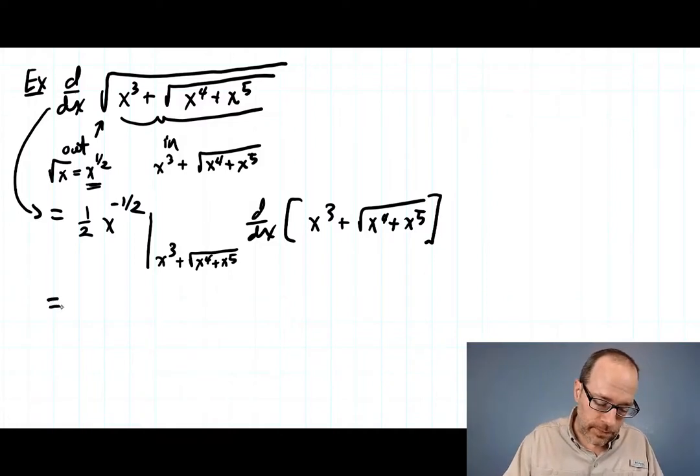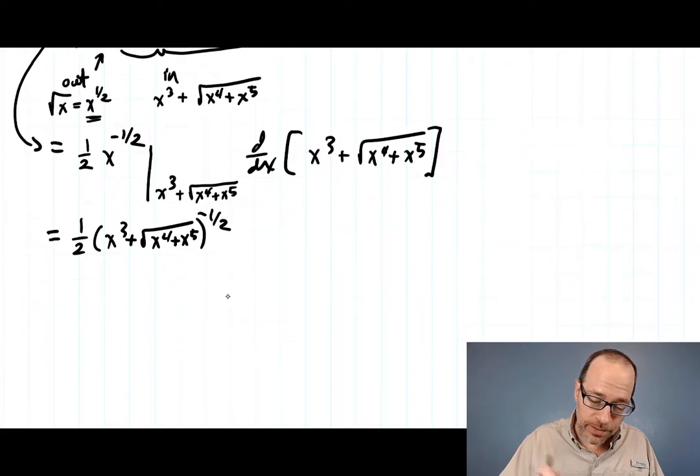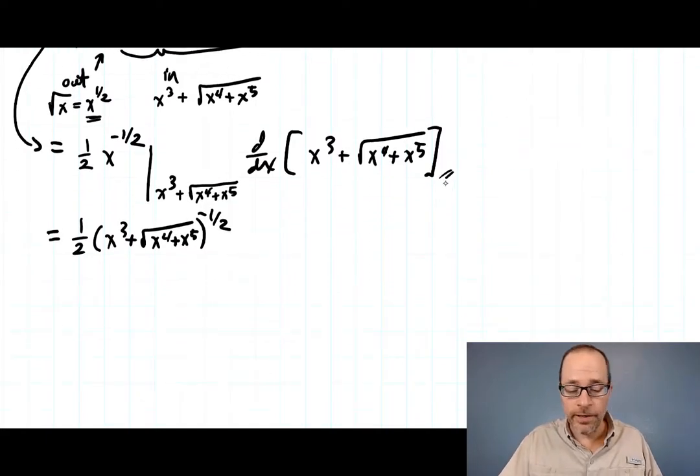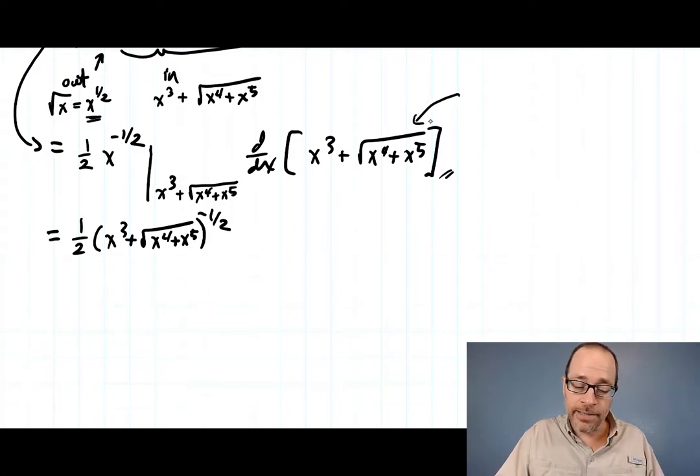So let's plug in the inside here. We get x cubed plus the square root of x to the fourth plus x to the fifth, all to the minus 1/2 power. And now I've got to do this derivative here. But you see, this part will have itself a chain rule problem going on.